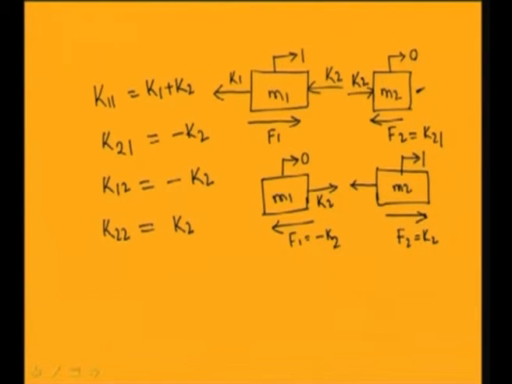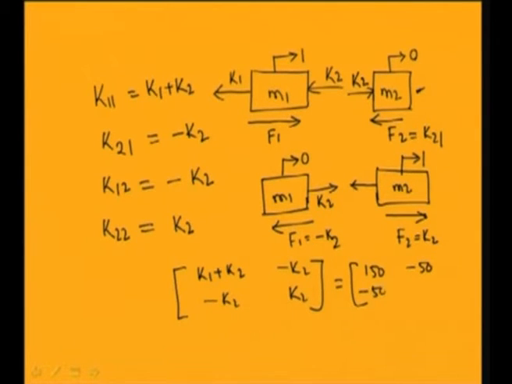So the stiffness matrix by this method will be K1 plus K2, minus K2, minus K2, K2. This equals 150, minus 50, minus 50, and K2 equal to 50.